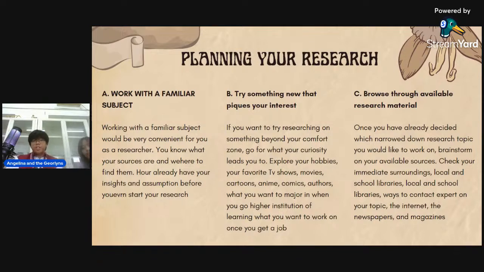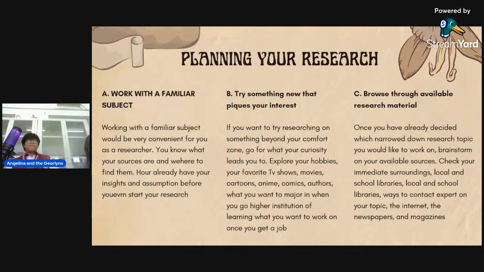Of course, before we choose a topic, we need to see on the internet if the available websites are providing correct sources.